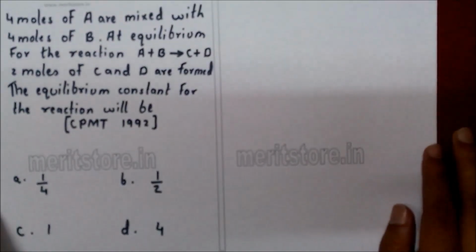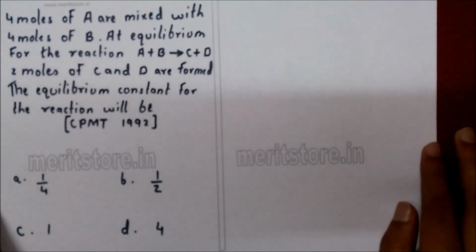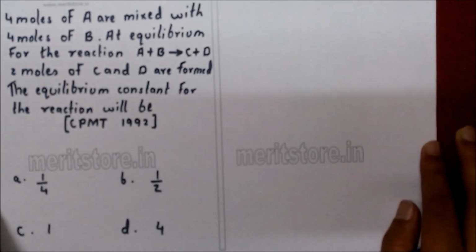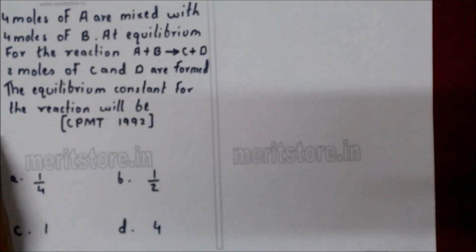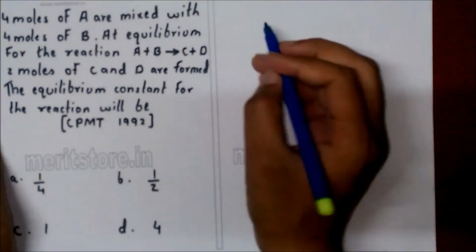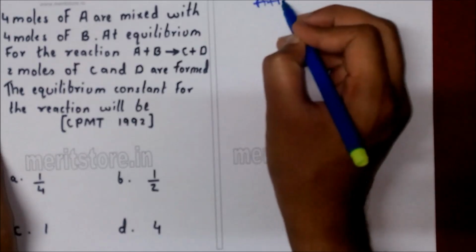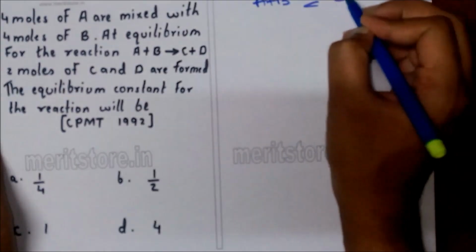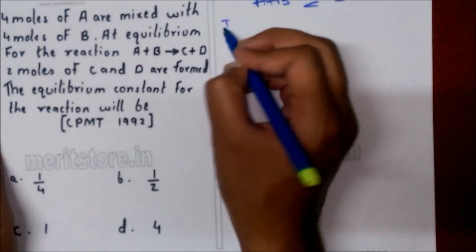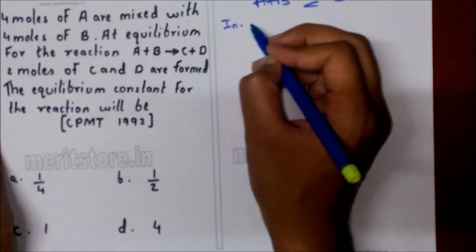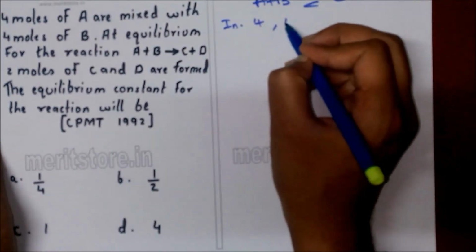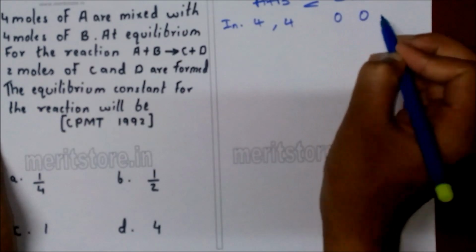4 moles of A are mixed with 4 moles of B. At equilibrium, for the reaction A plus B gives C plus D, 2 moles of C and D are formed. The equilibrium constant for the reaction will be? So we know that A plus B gives C plus D. Initial concentrations are 4, 4, 0, 0.